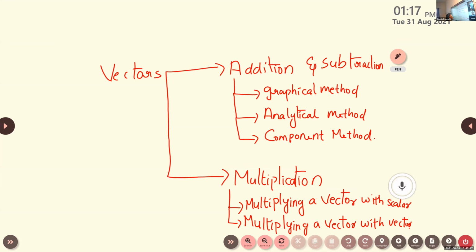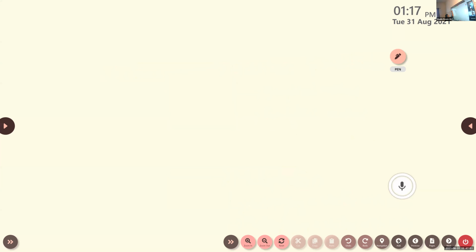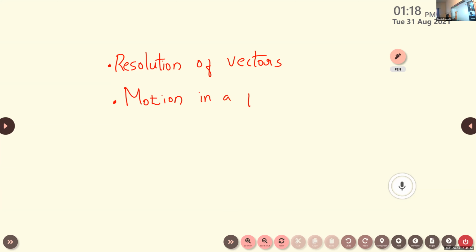After this, we want to discuss resolution of vectors. It's a small and simple topic. After the resolution of vectors, we enter into the main portion, that is motion in a plane. Then only we enter into the chapter.